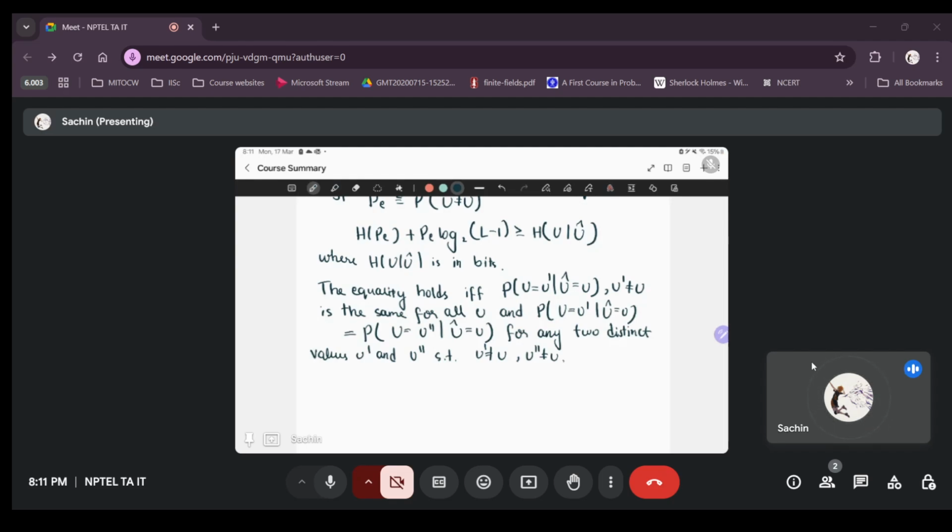So you can write 1 plus PE log of L minus 1 is greater than or equal to h of U given U hat, which means that PE is greater than or equal to h of U given U hat minus 1, divided by log of L minus 1. So that's all we saw in week one.